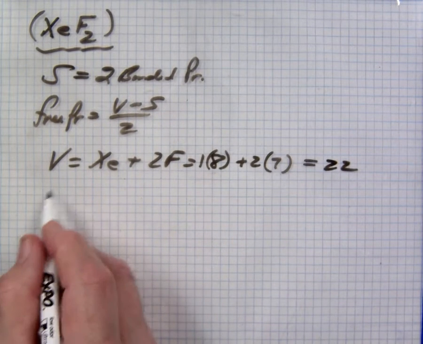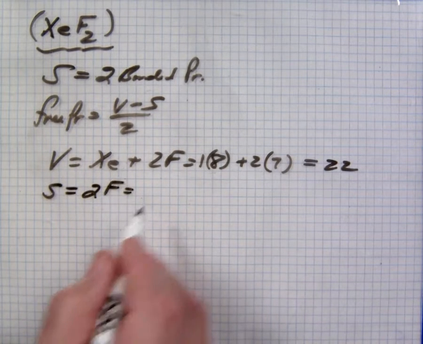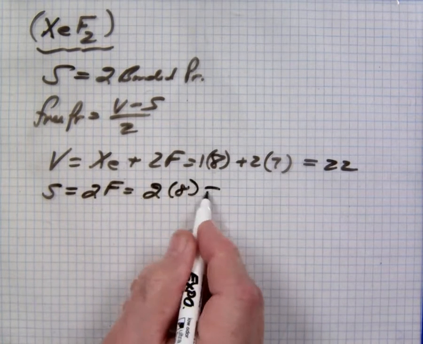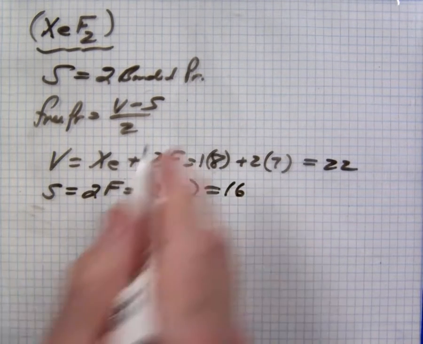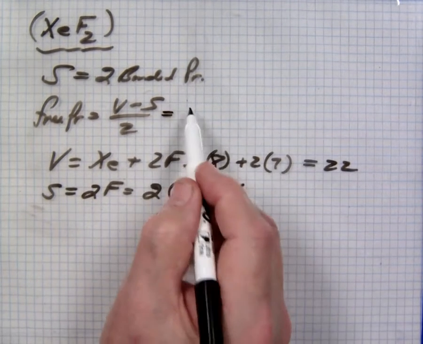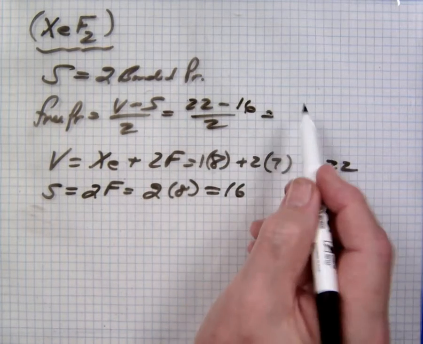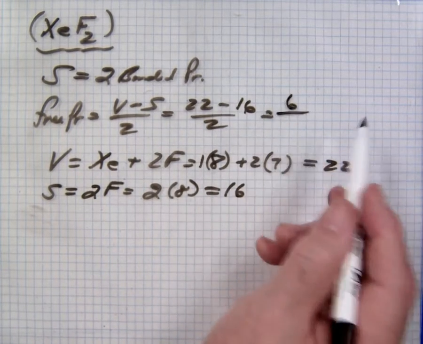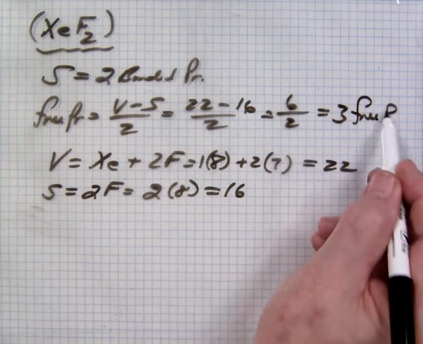So your substrates, we have 2 fluorides attached. 2 times 8, 16. And so free pair, I'll put it back up here, 22 minus 16 over 2, that's 6 over 2, or 3 free pair.